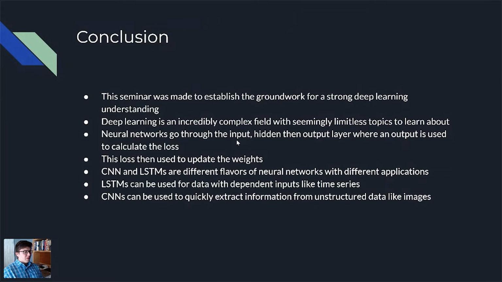Essentially, neural networks have an input layer that sends outputs to the hidden layer, and then that sends outputs to the output layer, which then calculates loss and then uses that loss to update the weights. CNNs and LSTMs are some flavors. LSTMs can be used for problems that have dependencies like time series and text, and then CNNs can also be used to extract information from unstructured data like images and, hey, text.